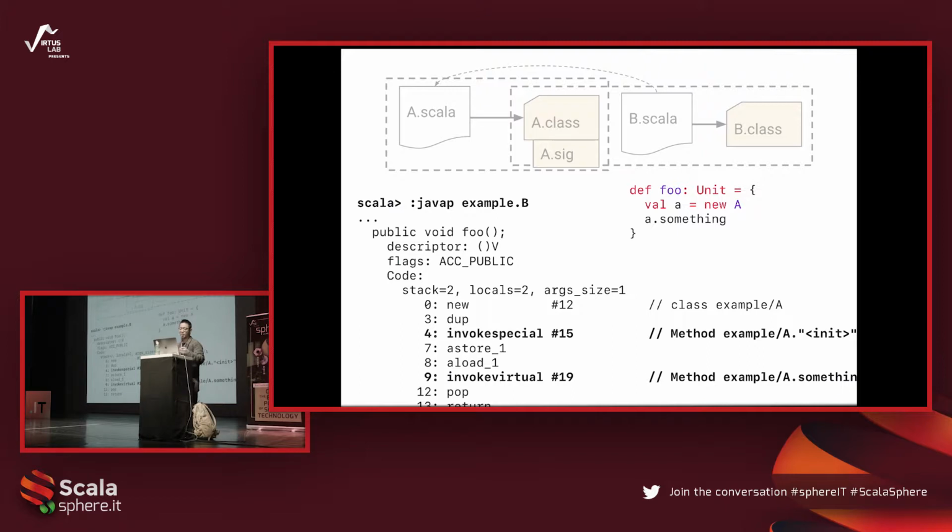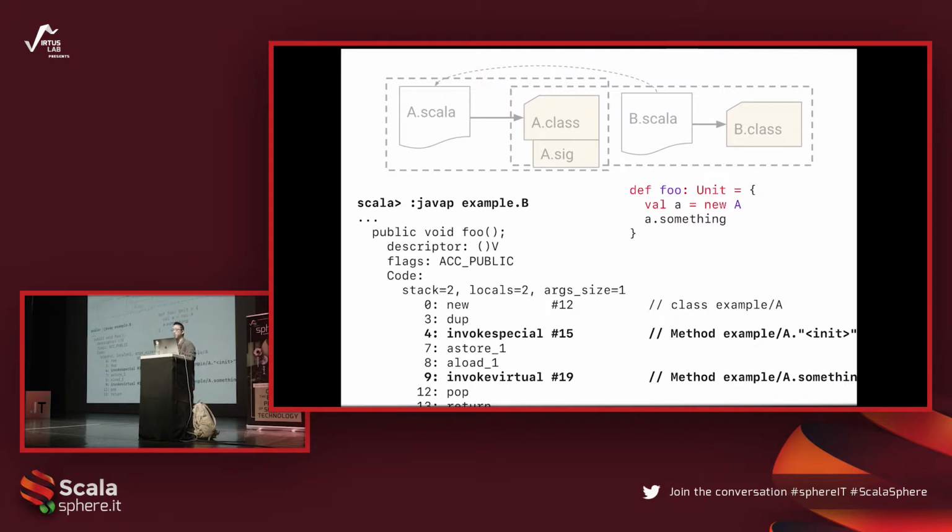And a.something is represented as invokevirtual. The actual specific code doesn't matter, but the point is that in order for you to compile something at the Java bytecode level, it's almost like you're writing Python or C or something like that. There is no real information of the type.